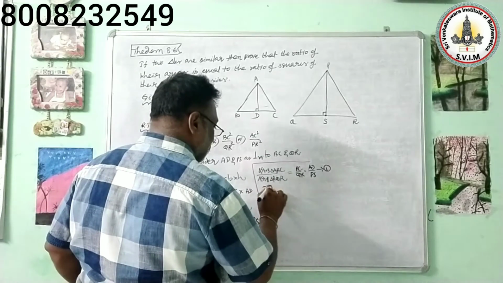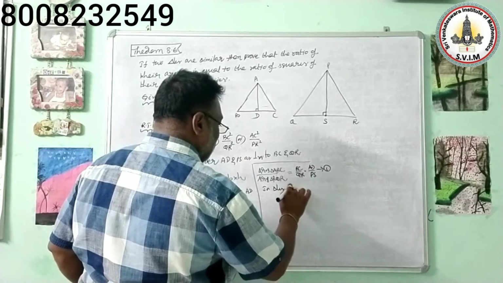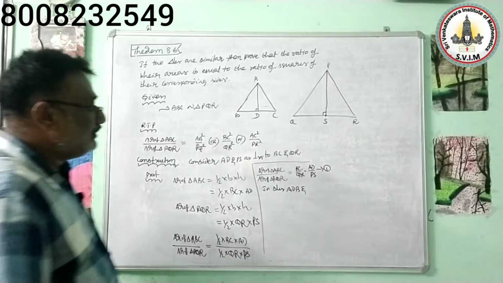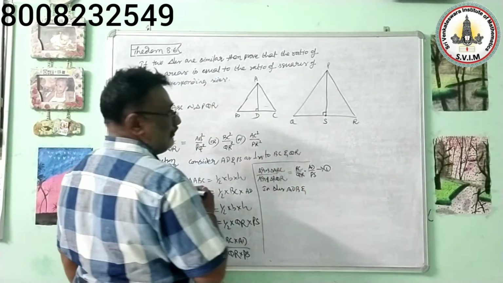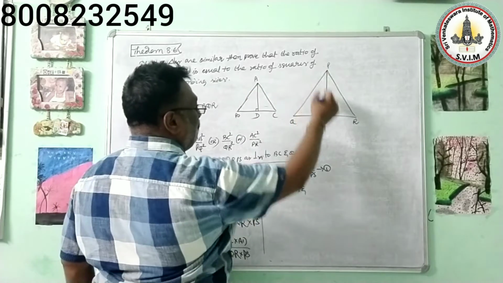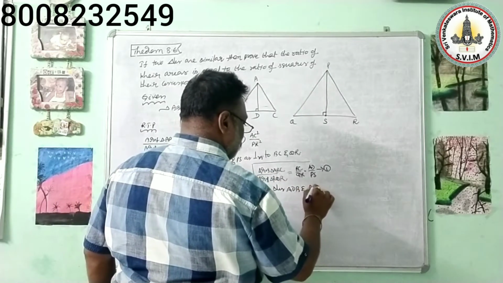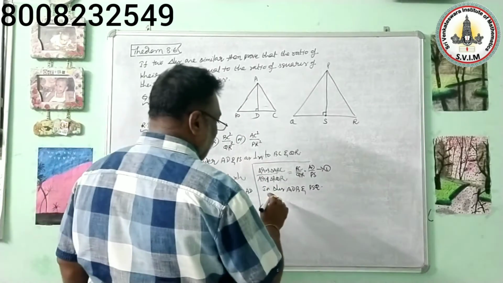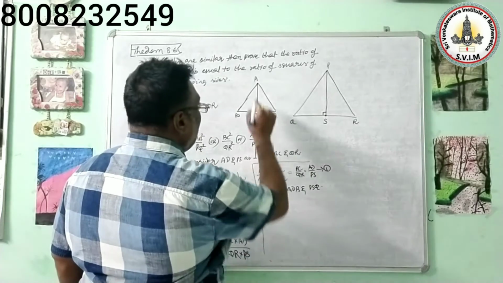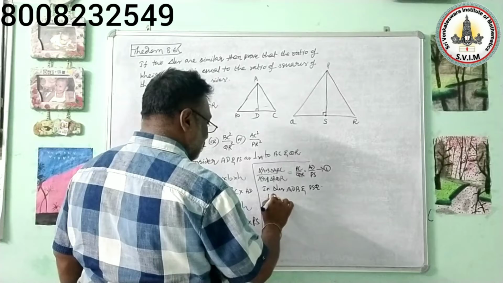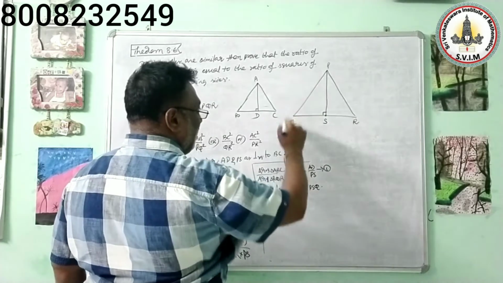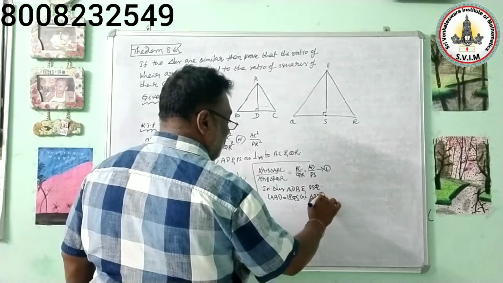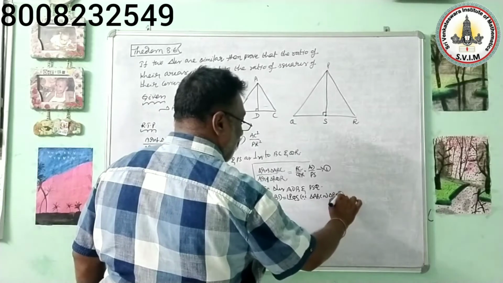So here, in triangles ADB and PSQ, in these two triangles, listen to me. Angle ABD is equal to angle PQS, because triangle ABC is similar to triangle PQR.